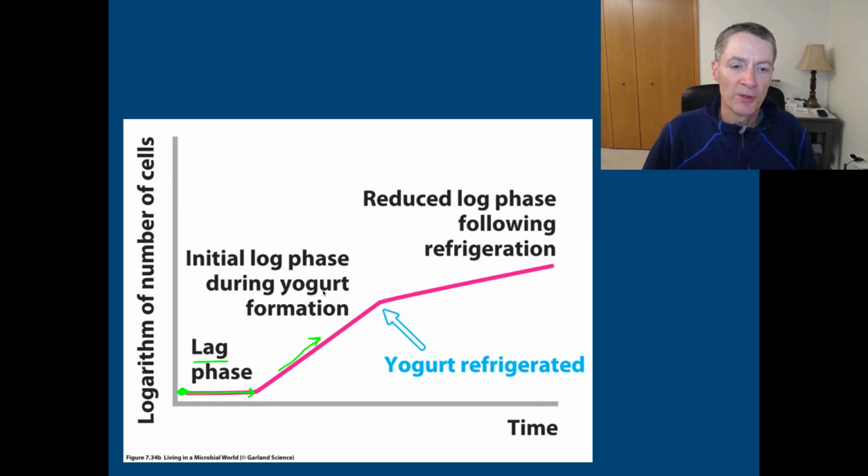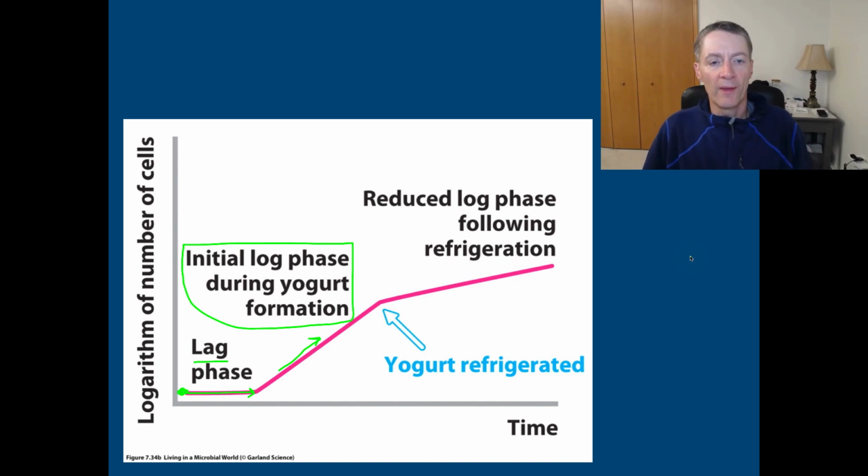Now this particular log phase, in the making of yogurt, we would put this particular sample inside of an incubator. Okay, so it's going to be a little warmer in there, and we're going to start to produce the acids associated with the lactic acid fermentation, right? That's going to go on there. But then at some point, somebody has to come in and take that yogurt out of the incubator and stash it in the fridge.